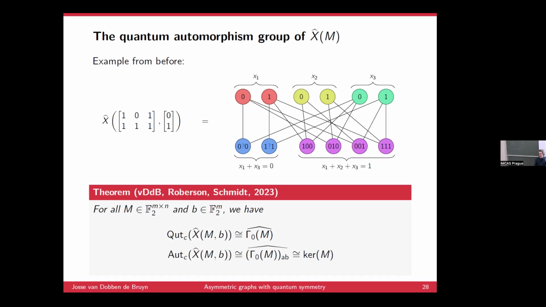Think of it as kind of like saying if we have an automorphism, it's doing something on the variable vertices.